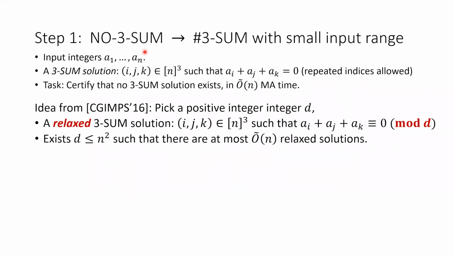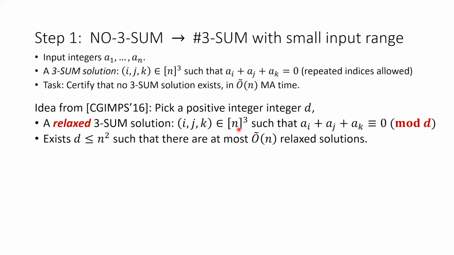So our first step is to reduce the no-3SUM problem to a counting 3SUM problem with small input range. And here we are going to use the idea from the previous work of Carmosino et al. Let's pick a positive integer d, and let's define a relaxed 3SUM solution to be a tuple i, j, k such that ai plus aj plus ak is equal to 0 mod d.